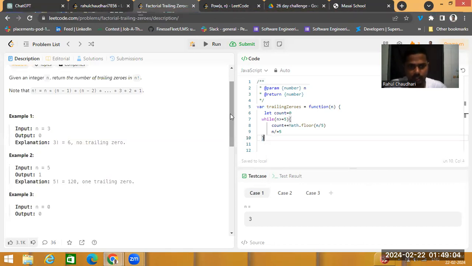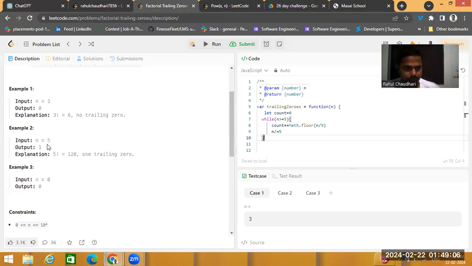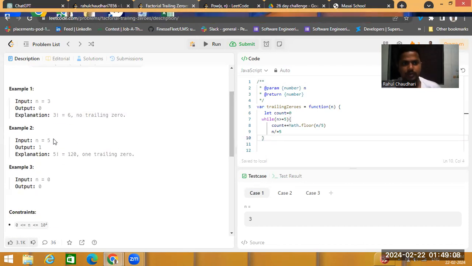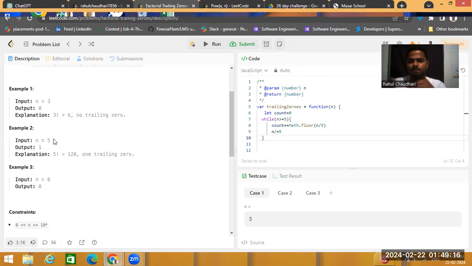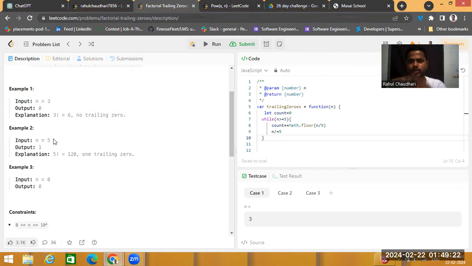So if we are taking the quotient of the 5, that is one part.